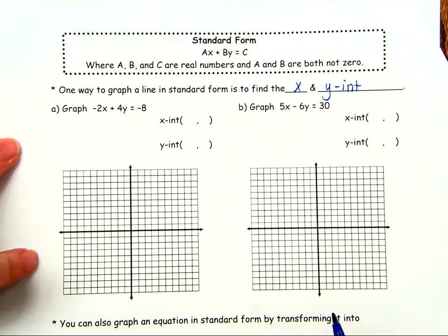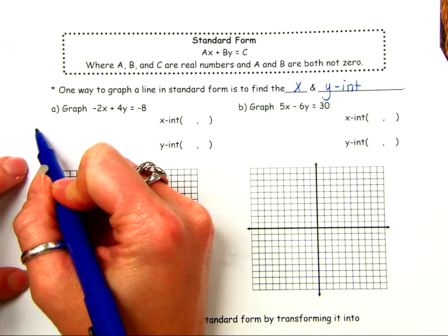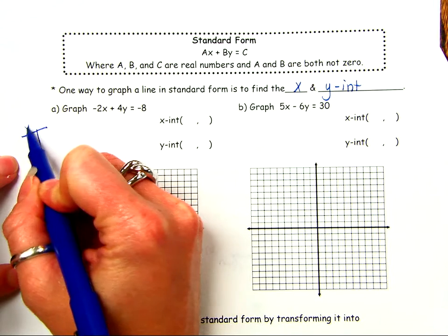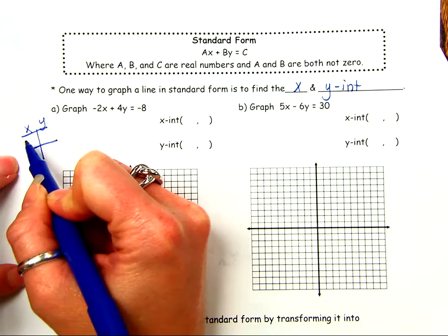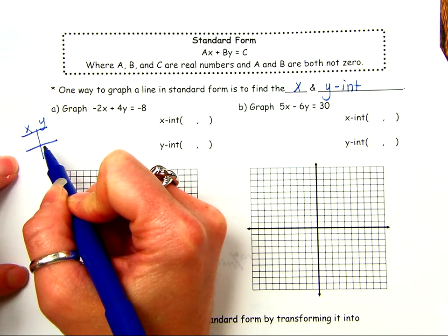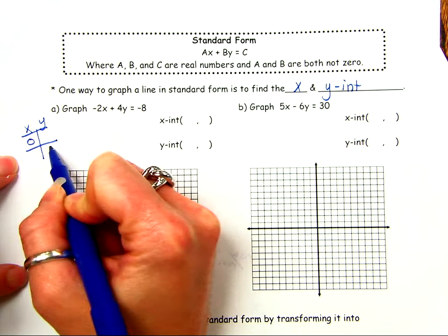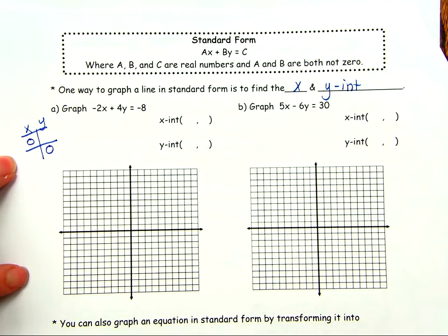Now, when we take a look at finding our x and our y-intercept, I'll remind you that for my y-intercept or my x-intercept, it would be when I have zeros.